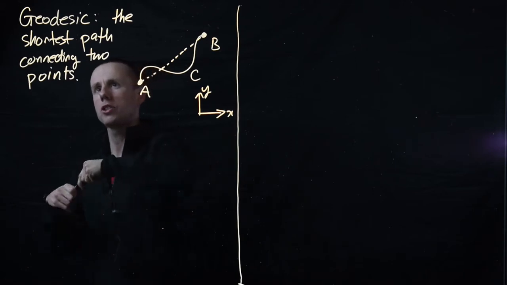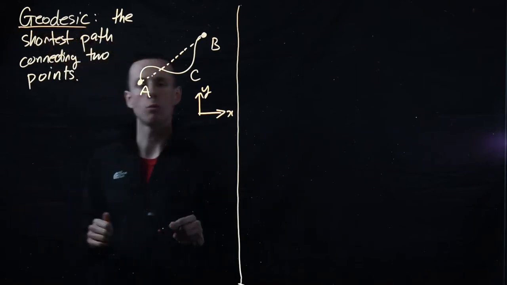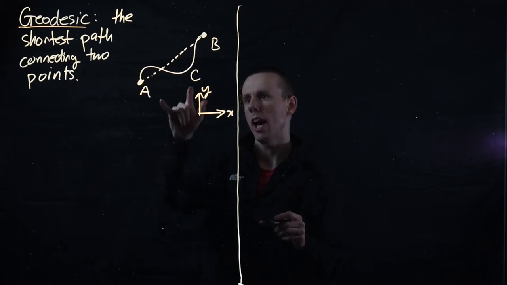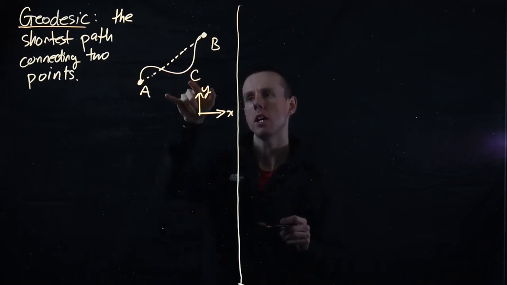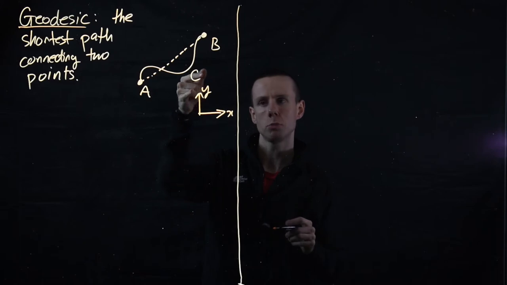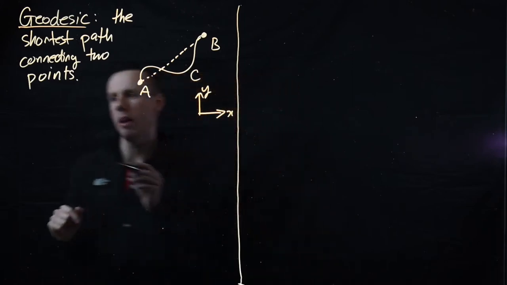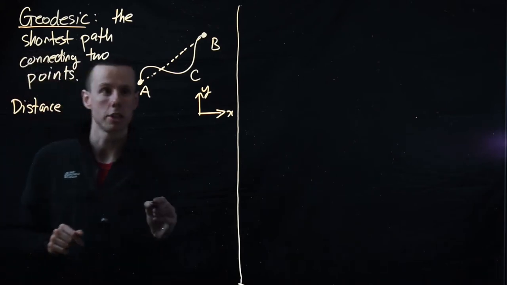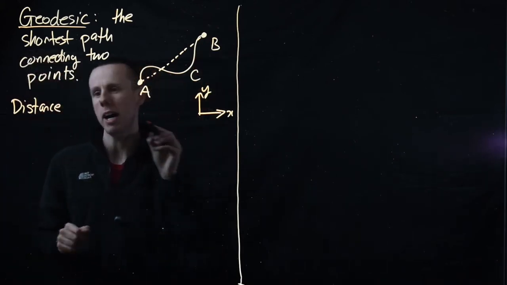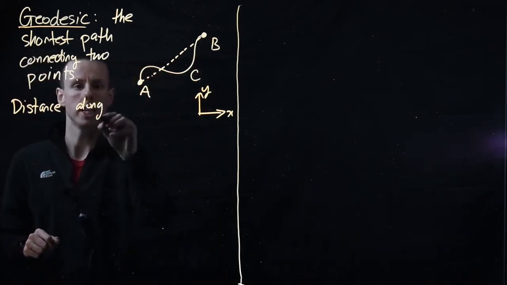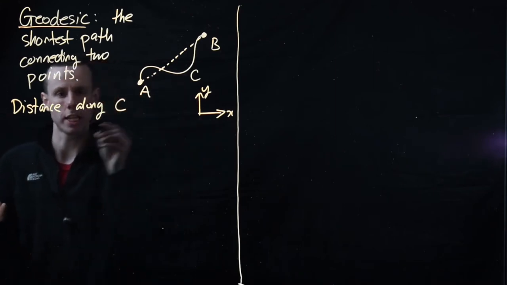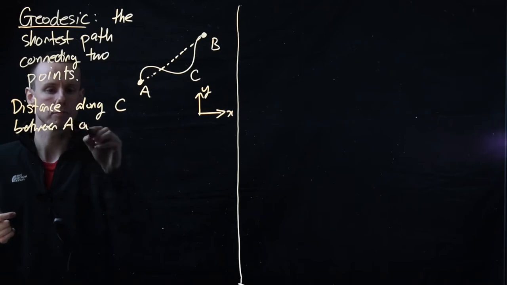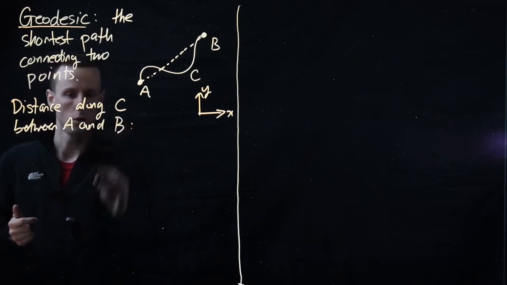Well, let's think about how we would find geodesics in general. If we've got two points A and B, and we want to minimize the distance between them, how can we do that? Well, let's write down how we actually calculate the distance along a general path C between A and B. What's that given by?